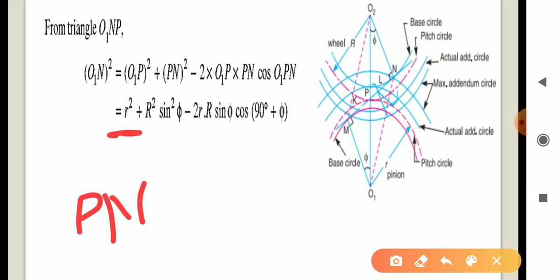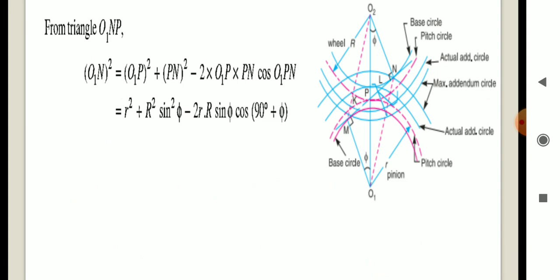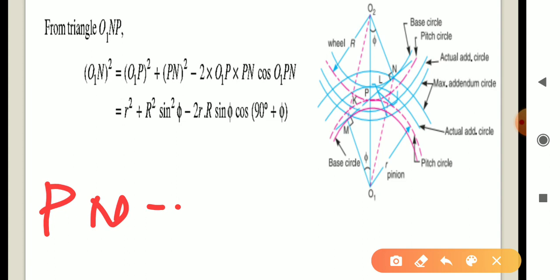Now instead of O1P we can write small r, so this is small r square. Now PN square: PN is equal to capital R into sine of phi.